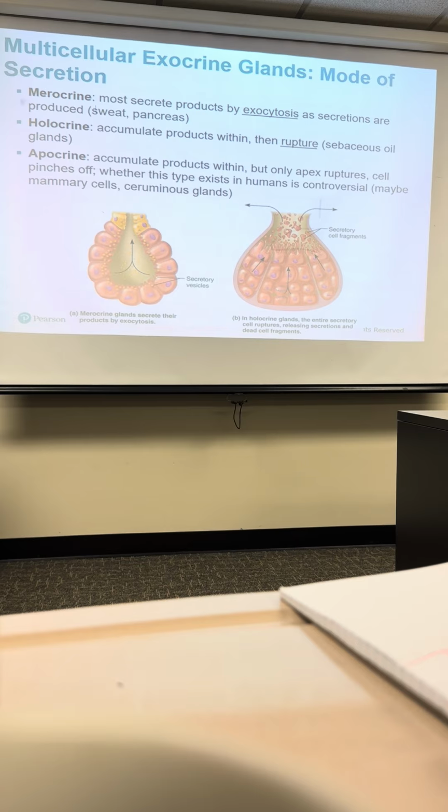Okay. So now, multicellular exocrine glands can secrete or excrete in three different ways. One of them is called merocrine. When we say merocrine, they do exocytosis. Okay, who can tell me what exocytosis is? We just talked about it in chapter 3. What is exocytosis?